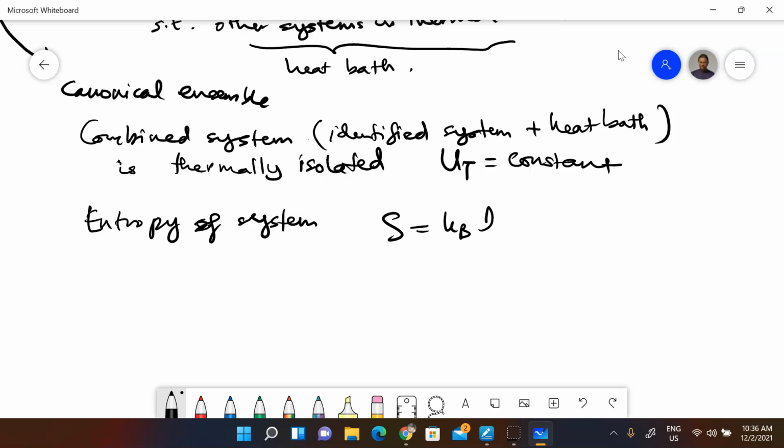Which is given by this formula that you have seen before, but now this W is the number of accessible states in the combined system.